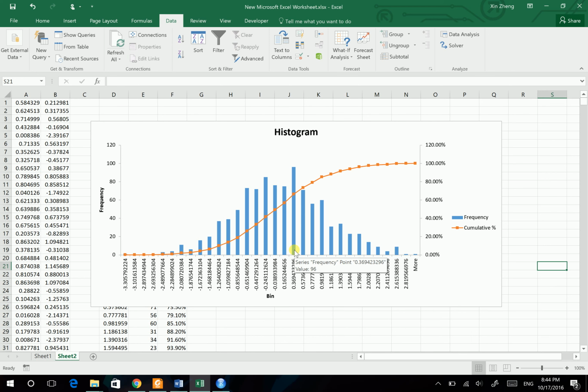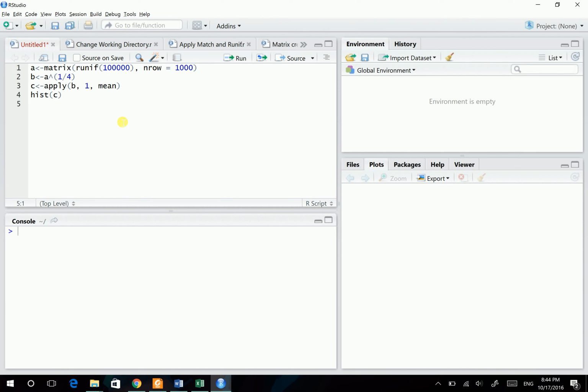So this means if you can tell me the cumulative probability, then I can tell you what random number it is. In this simulation, first we use runif to get random numbers from a uniform distribution between 0 and 1.